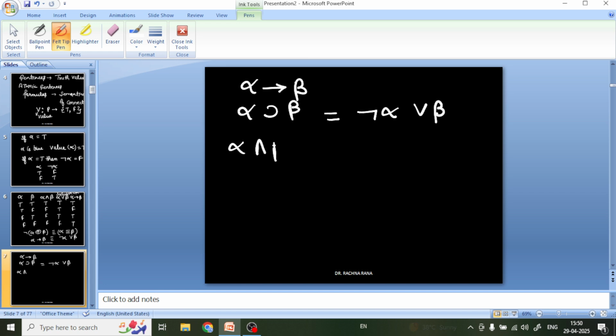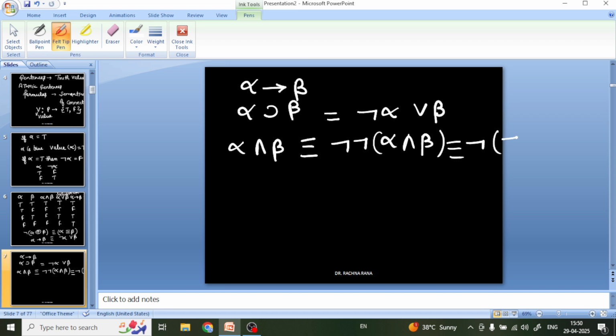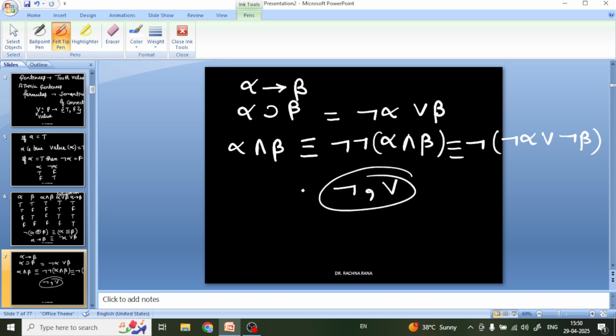Alpha and beta should be equal to not of not alpha or not beta. Here we use not and or connectives.